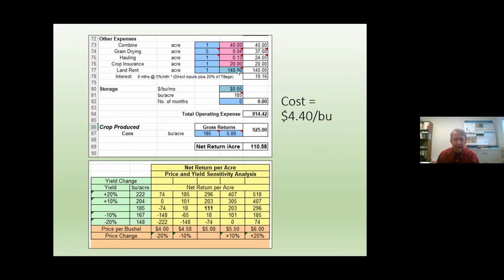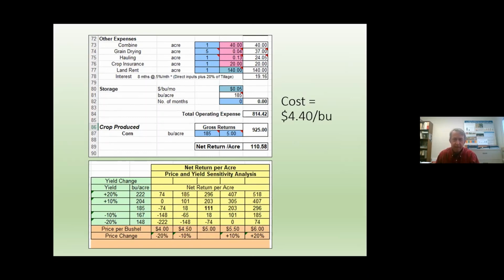I do have a land cost in here, and what I'm doing is using an average cost. I have a scenario where I figured I own about half of the land, so I've got some mortgage interest and some property taxes of about $50 per acre, and then I'm renting some land at $225.